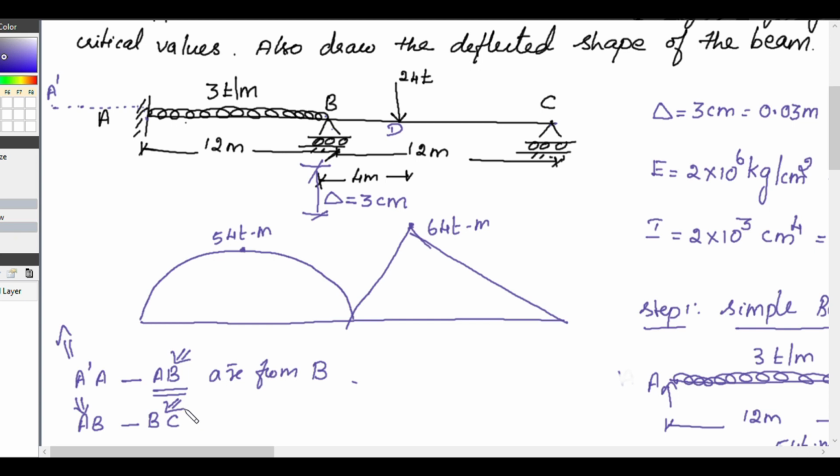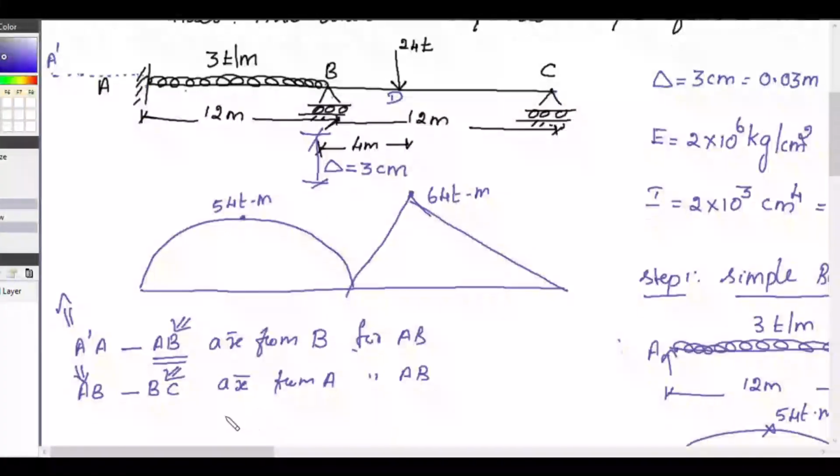That means we have to consider A into x bar from A for the span AB, and we have to consider A into x bar from C for the span BC. So we don't have any more further conditions.